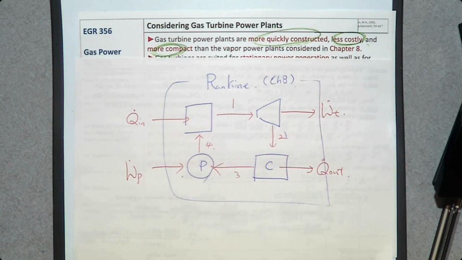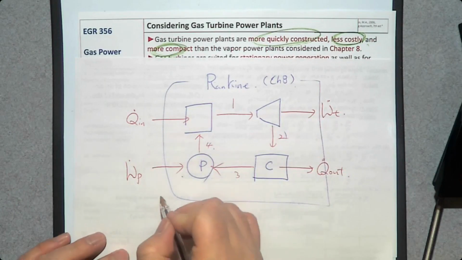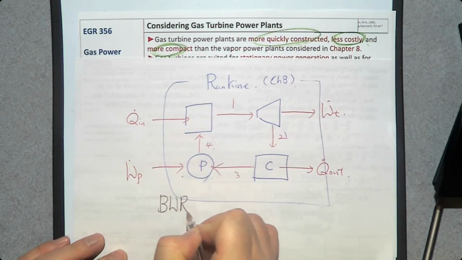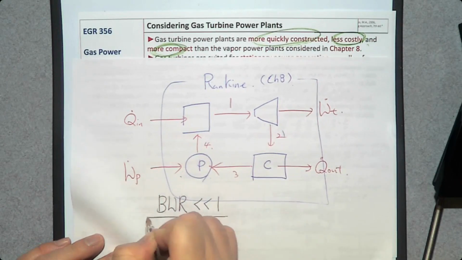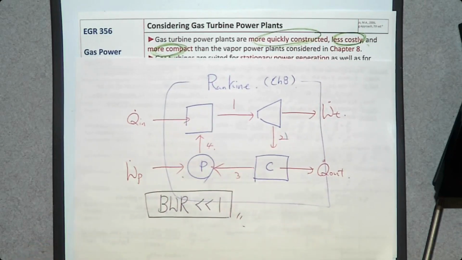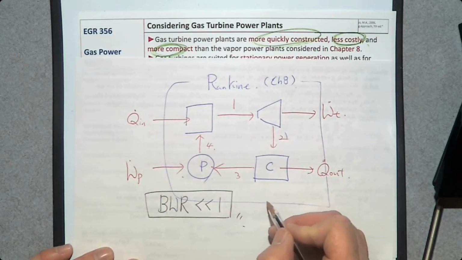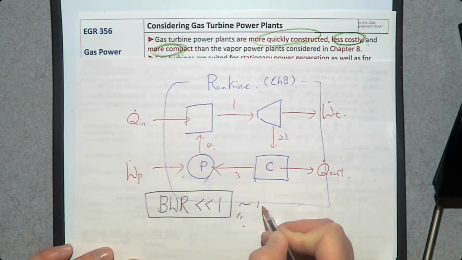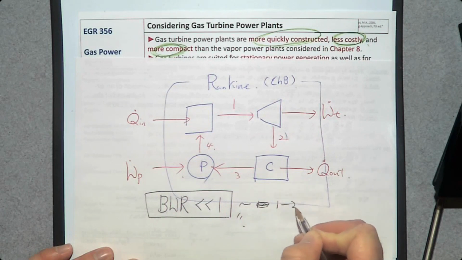So one of the advantages is that its back work ratio is very low. What is back work ratio? It's the ratio of how much power you need to consume to how much power you produce. So the power we need to provide to run the pump, and the back work ratio is almost 1 to 2%.